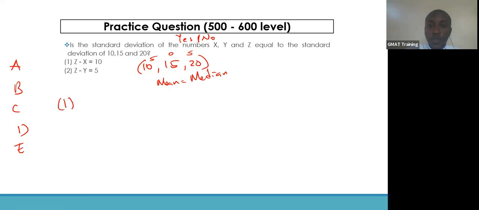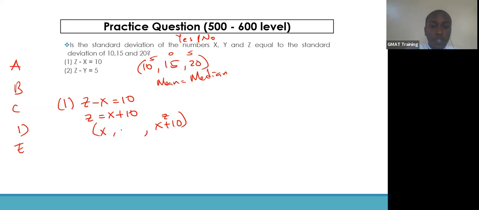Statement 1, z equals x plus 10. This means that z equals x plus 10, all right? With that being said, you'll have x, then you'll have the value x plus 10, that's z. What about the value of y? We don't have the value of y, right?